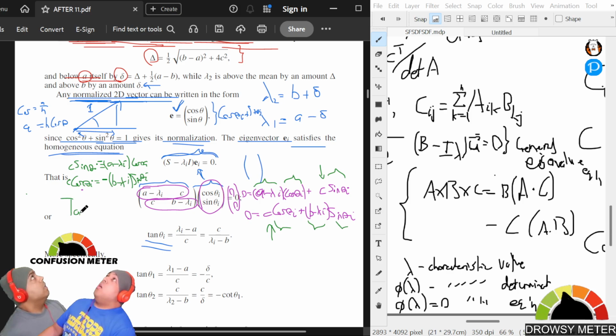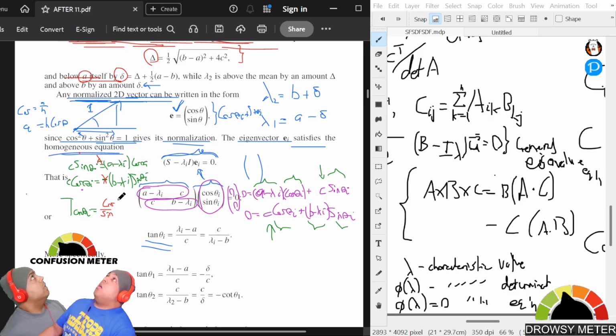will give tan theta I equal... the negatives should cancel out, negative and negative. We have cosine sine. I don't want to do that, but we'll write it anyway.